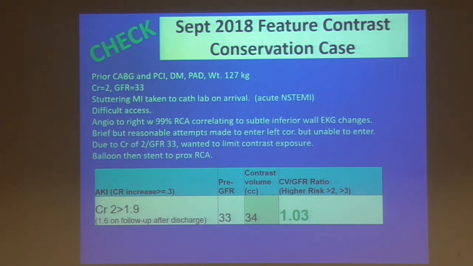Angio was performed with a 99% RCA correlating to the subtle inferior wall changes on their EKG. Brief but reasonable attempts were made to enter the left coronary system to finish the angiogram, but they were unable to enter. And due to a creatinine of 2 and a GFR of 33, the physician documented their intent to limit contrast exposure. They did a single vessel PCI to the proximal right and stopped the procedure.